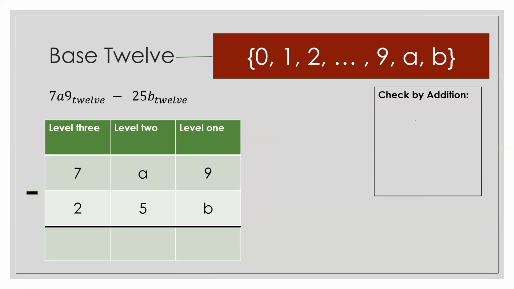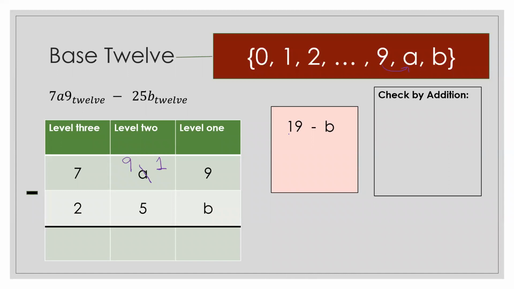Okay, now if I have to take B away from A, well, B is larger than A, so I know I have to regroup A with 9 and 1, because 9 plus 1 is A. That right there will give me this problem, 1, 9 minus B, right?